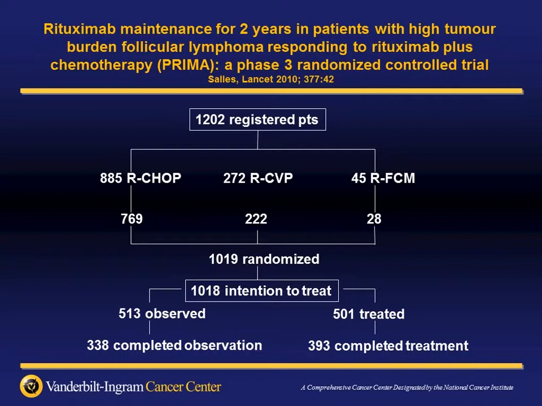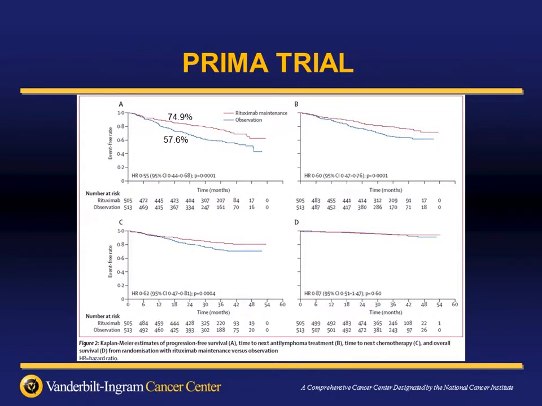And then these patients were randomized to either no further treatment or Rituxan. In the top left corner, the progression-free survival, as expected, is superior for rituximab maintenance at 74.9% versus 57.6%. However, in the bottom right curve, there's no difference in overall survival.